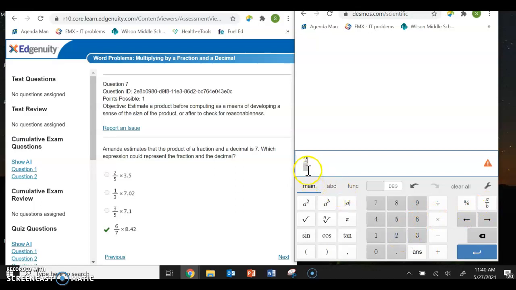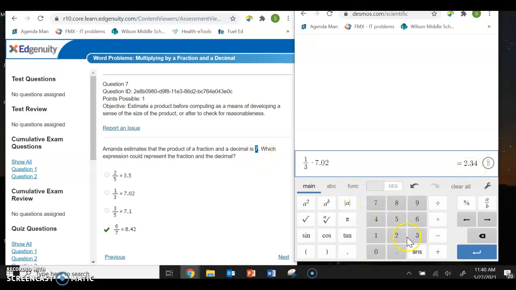So I got 2/5 times 3.5. That equals 1.4. 1.4 is nowhere near 7, so we could skip that one. Going to clear out my calculator. Next one. 1/3 times 7.02. That equals 2.3.